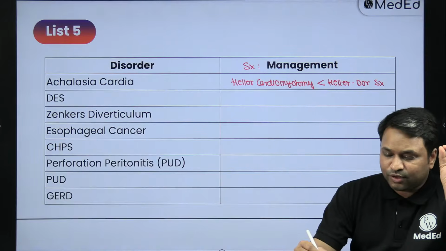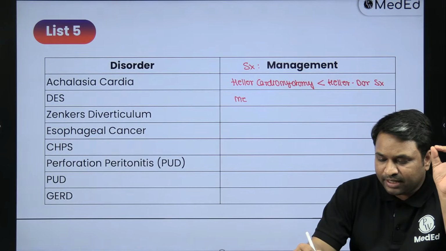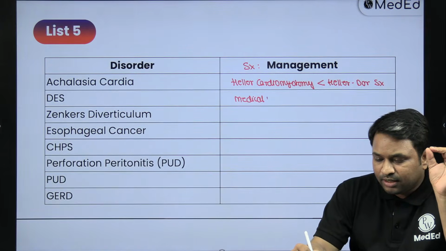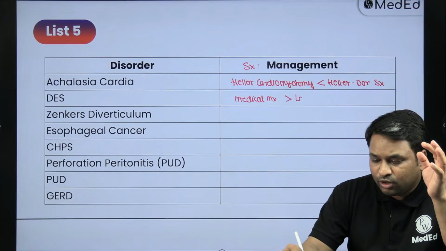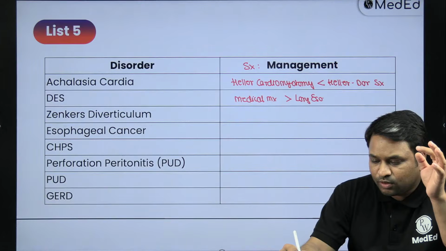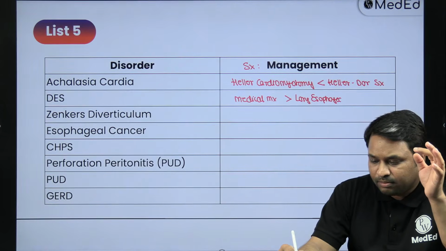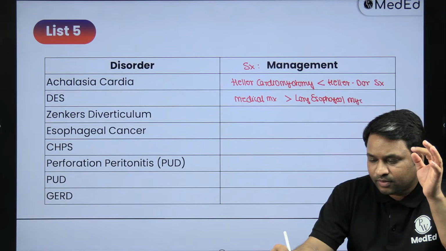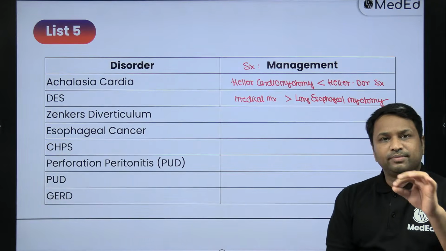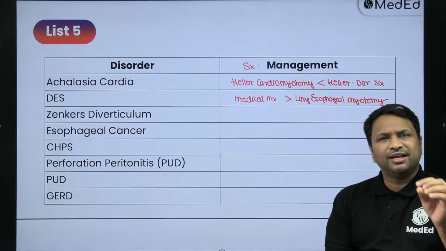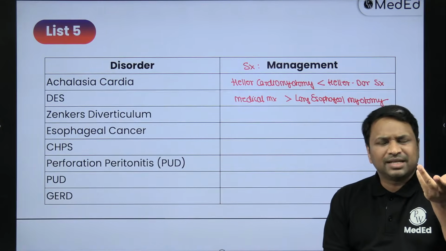For diffuse esophageal spasm, it is medical management. Yes, one option that they can give you is your long esophageal myotomy. Now, this long esophageal myotomy is going to be associated with a very poor outcome. So, hence it's a last resort.